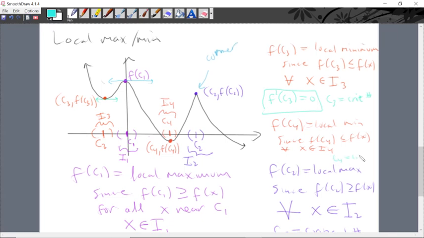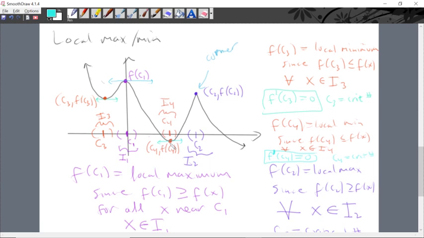C4 is a critical number, and we see that f prime of C4 is equal to 0. We can see that from the graph.